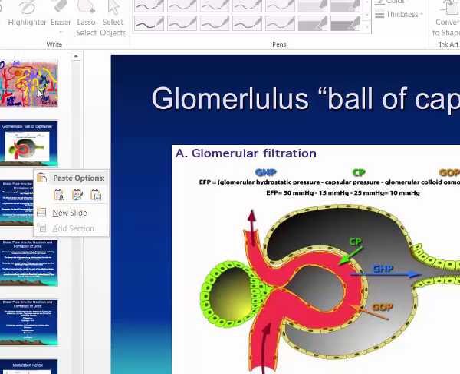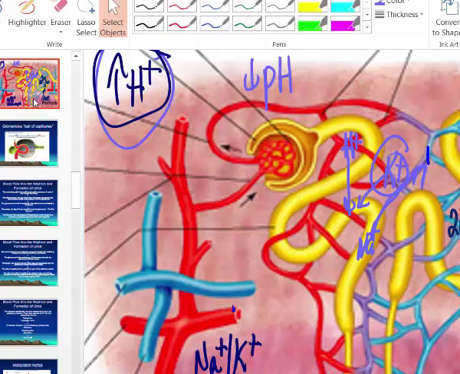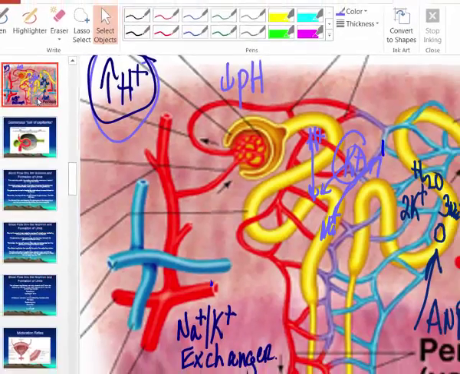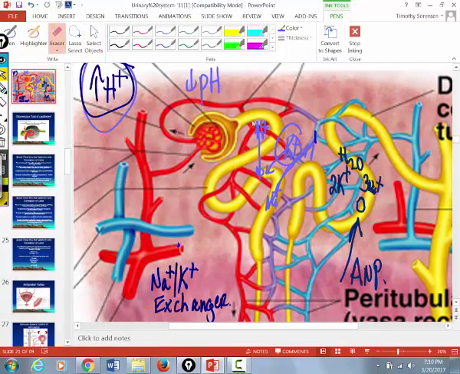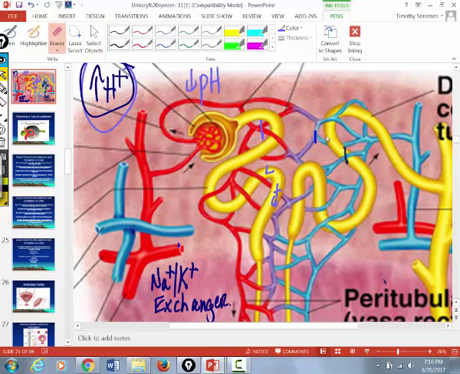Okay. So watch. And again, a couple of softballers here. Blood urea nitrogen and creatinine are the two blood tests that look at kidney function. The other one they look at is what's called glomerular filtration rate, right? Literally, GFR, how much plasma is being filtered by the glomerulus each minute.